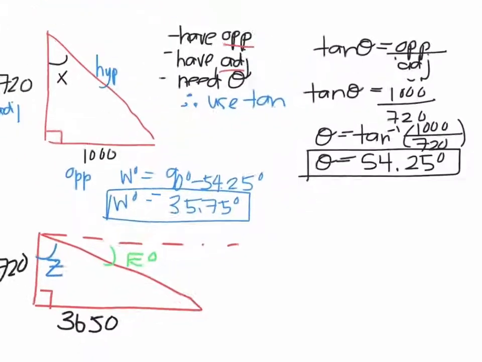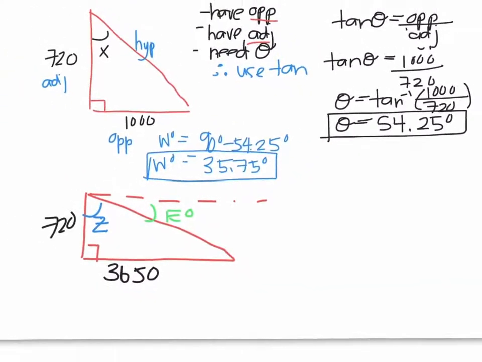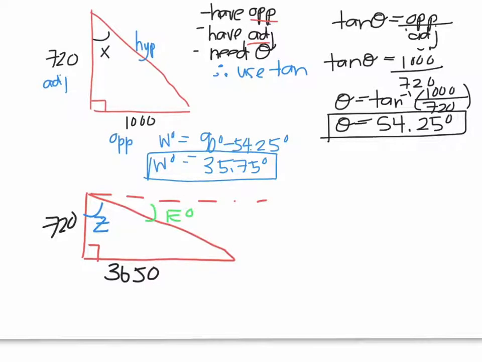So now all we have to do is solve for Z. We're going to do it in the same way that we did it before. We're going to label, so we know that this one is our hypotenuse. This one's our opposite because we're talking about angle Z. This one's our adjacent. If we do a list, it's going to be the same thing as above. We have adjacent and opposite. So what ratio should we use? We should use tan.